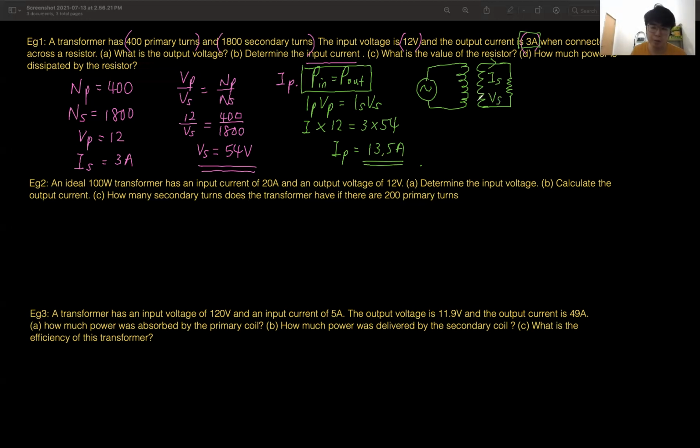So be careful, don't use the wrong voltage. The resistor is on the secondary circuit, so we use V equals IR. R equals VS over IS, 54 divided by 3. So 18 ohm. That's my answer.